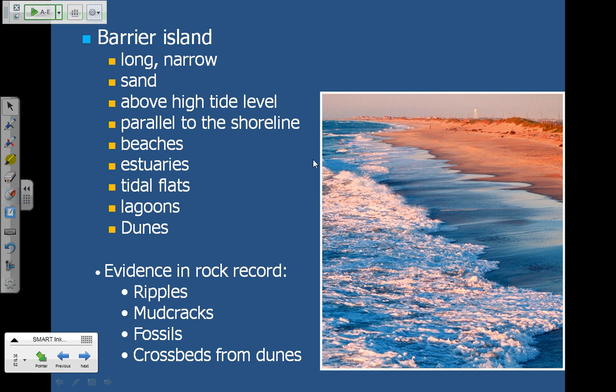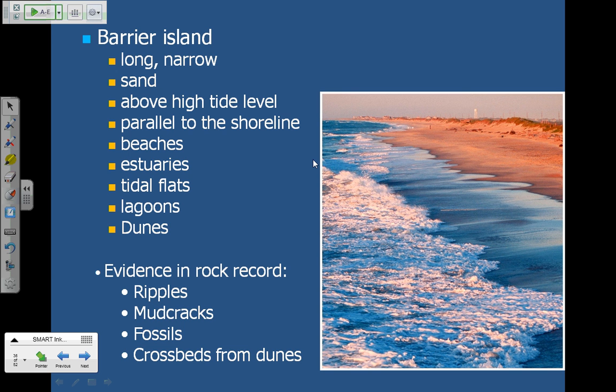You might even find some fish. Fish sometimes die and wash up onto the beach. So you can find all sorts of different stuff to give you a clue that you're on this kind of beach environment. We also have, if you can tie that beach into a lagoon on the back side of it, then that tells you you've got a barrier island, right?